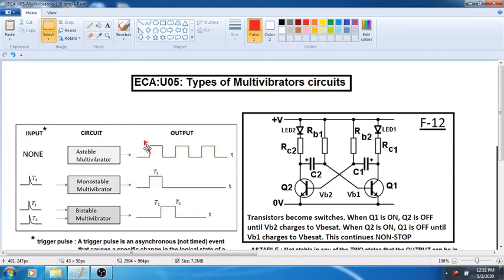So we use transistors as switches, and we use RC circuits to provide us the required charging and discharging of the capacitor, and also control the switching times of the transistors or the switches.